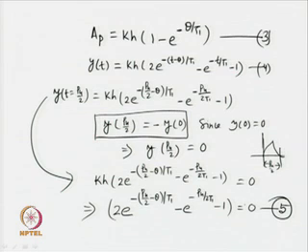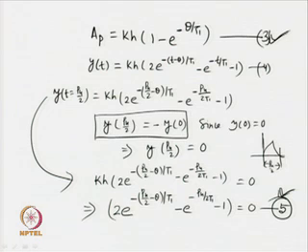Now, we have developed two expressions, expression number 3 and 5, which can be used together or can be solved simultaneously to estimate unknown parameters associated with the transfer function model. So, let me write down the two final expressions we have obtained from the analysis.